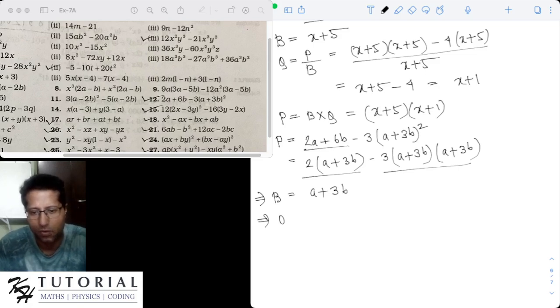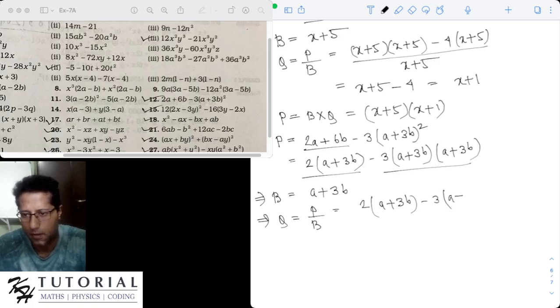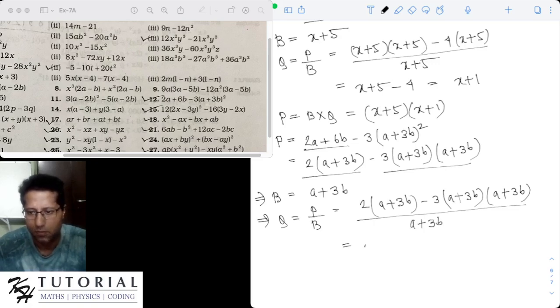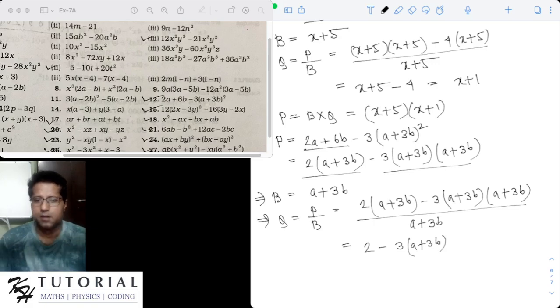And now you have to find q, which is equal to p by b, which is equal to (2 into (a + 3b) minus 3 into (a + 3b) multiplied by (a + 3b)) whole divided by b, and b is a + 3b. So this is equal to 2 minus 3 into (a + 3b).